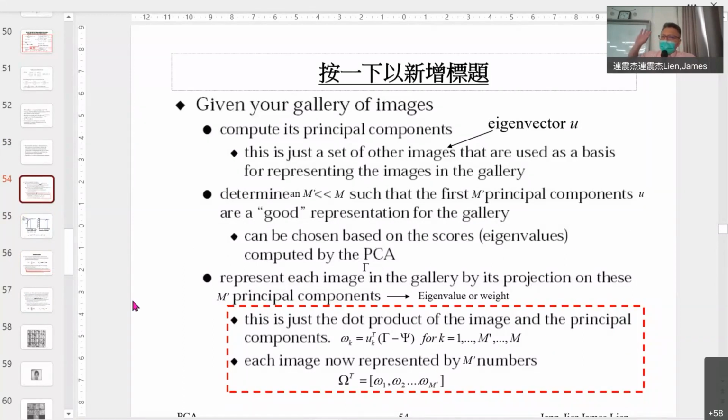So after you find the eigenvector, right? Then for the original space, you want to project and get the projection weight. So we talk about projection weight here. That's meaning for each image here, you subtract the average value as mean shift to the eigenspace. You project to each axis. Each axis is meaning each eigenvector axis, and you have projection weight.